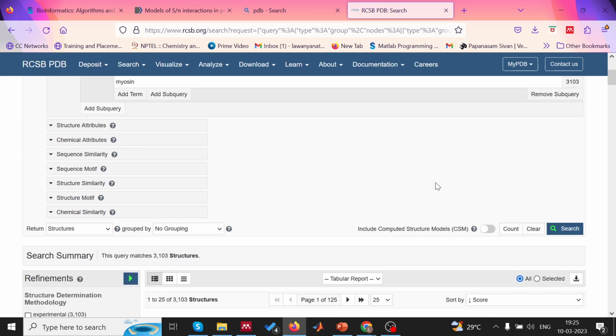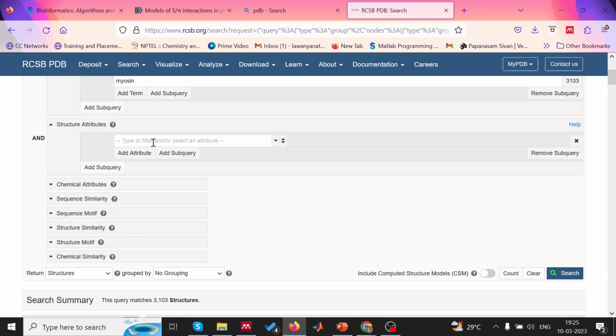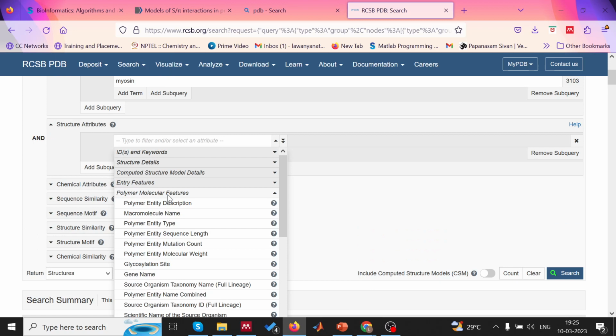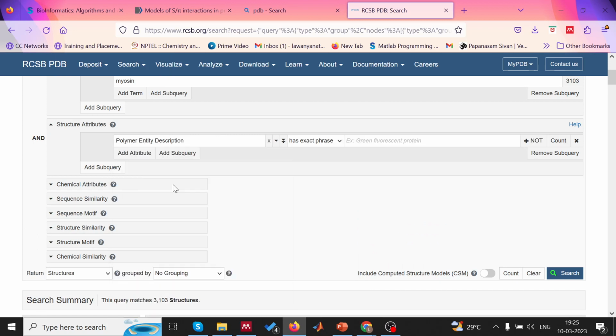So here you have structural attributes. So I'm going to choose molecular features. Okay.